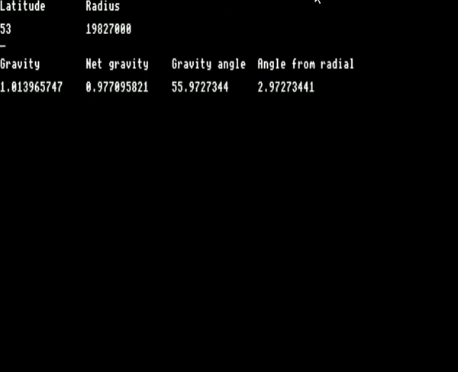Little bit. And that's close enough. 19,791 kilometres net gravity is 0.981 meters per second, with most of 3 degrees between those two directions, because we are such a long way from the equator now.